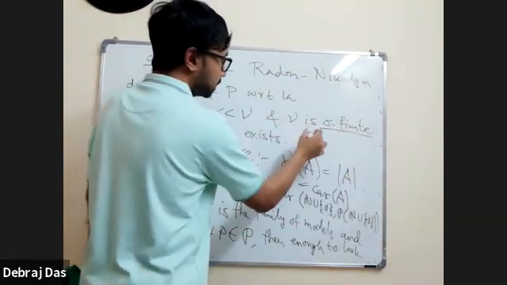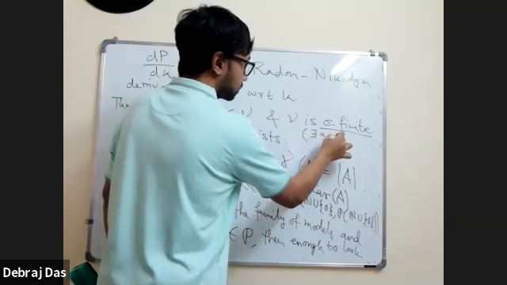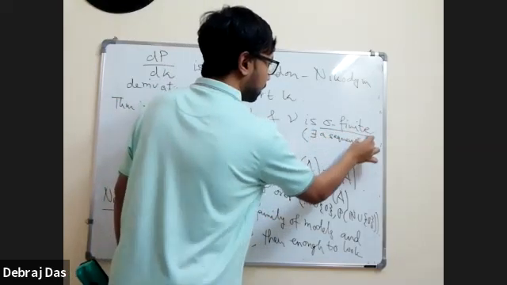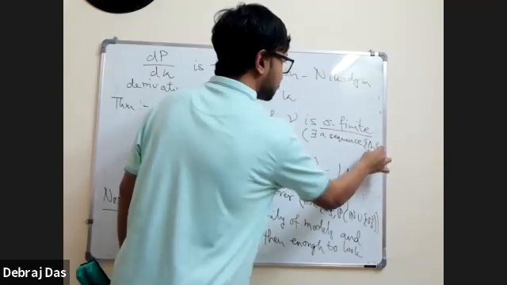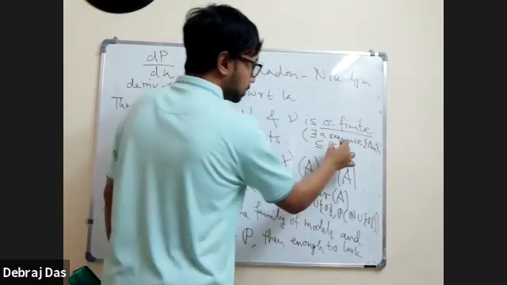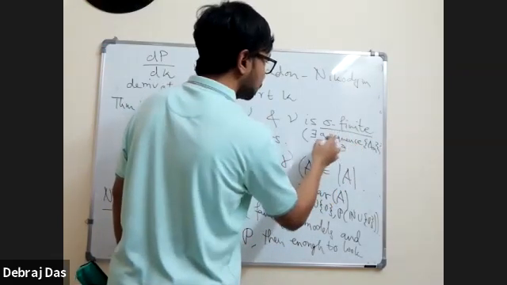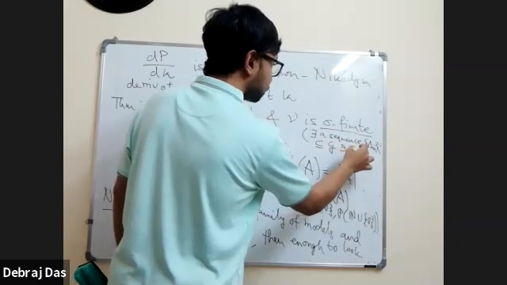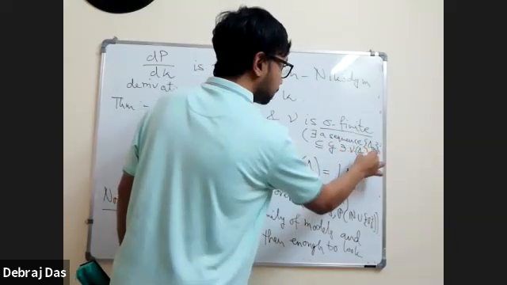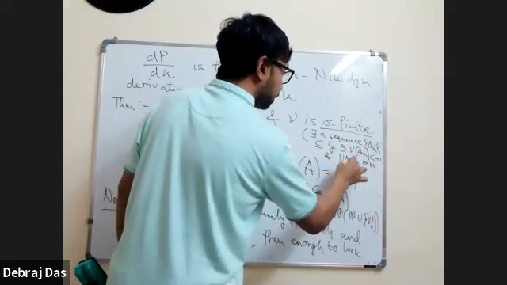Sigma finiteness means there exists a sequence A_n of sets belonging to the underlying sigma algebra such that mu of A_n is finite for all n, and the union of the A_n is omega.